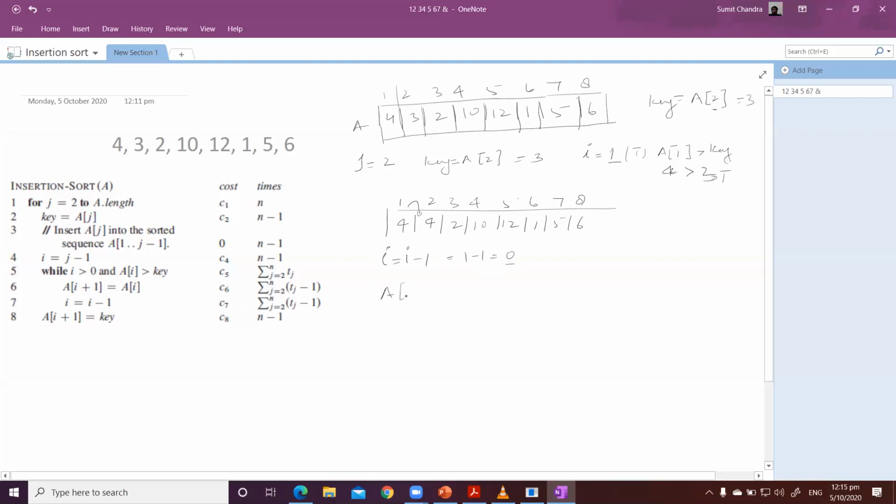So a0 plus 1, which is a1, is equal to key. It means a1 is equal to 3. So now our array will be 3, 4, 2, 10, 12, 1, 5, 6. I hope it is clear, class.